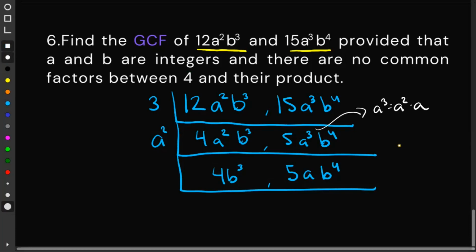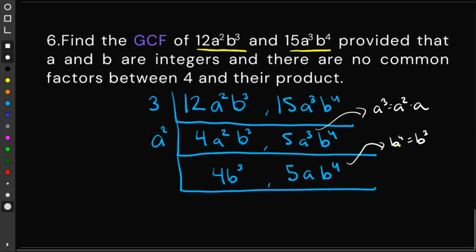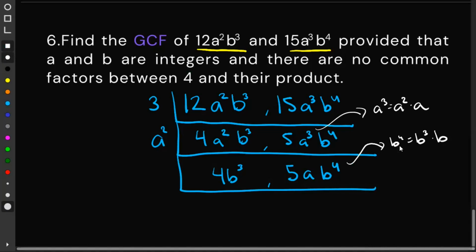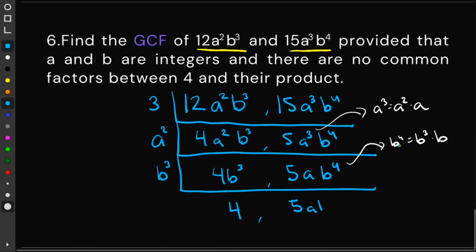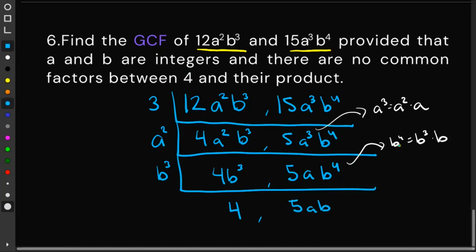Also, observe that b raised to 4 is equal to b cubed times b, which means that we can factor out b cubed in this, and that would give us 4 and 5ab. Now, are we done? Well, in fact, yes. But note that if 5ab has a factor of 4, then we can still factor 4 out here.